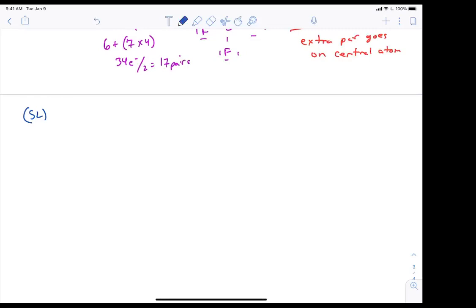Okay. Here's where I think it gets really helpful, is that when you get into something like ozone. Okay. When you do this structure here, you do ozone. Ozone is 6 electrons times 3, divided by 2 gets you 9 pairs.